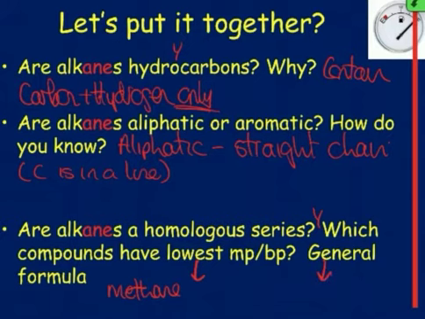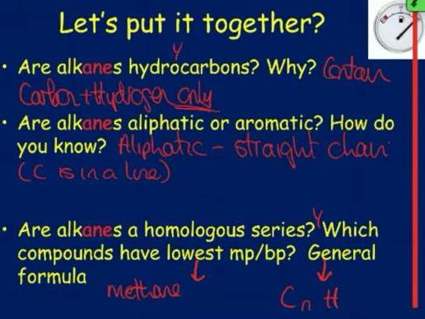Is anyone able to figure out what the general formula is? Instead of putting a number in your formula, you put an N to designate the number. It's not an easy thing to do. Alkanes all have the same general formula because they're the same homologous series.